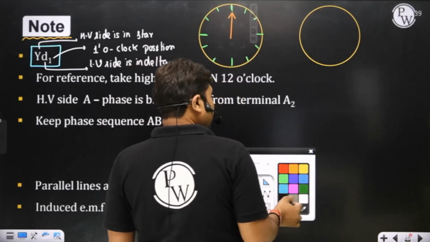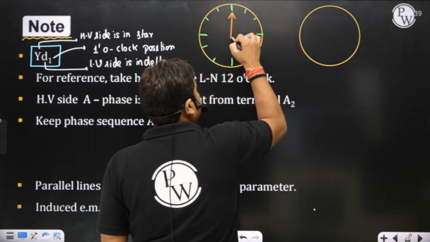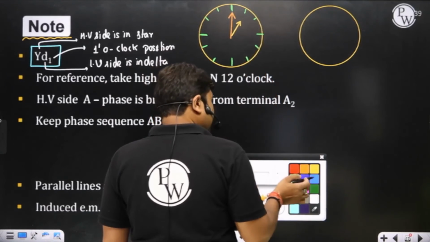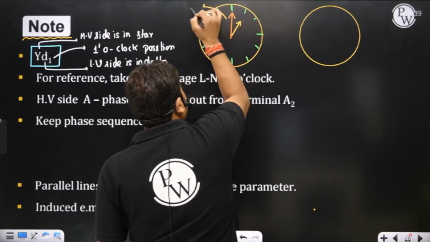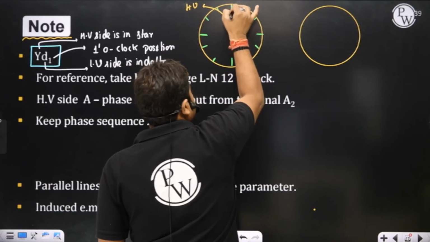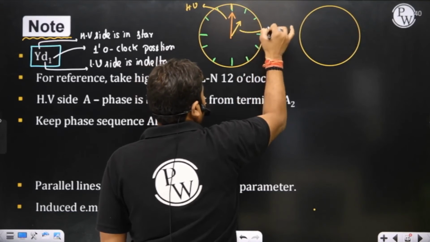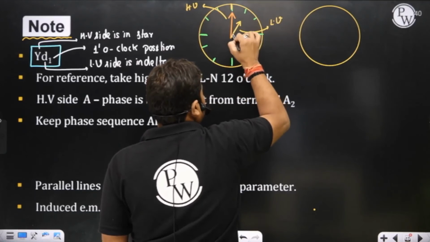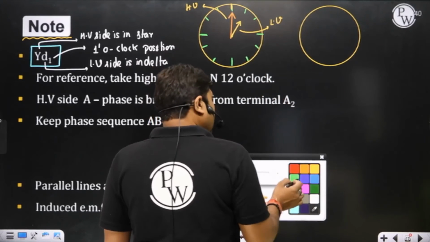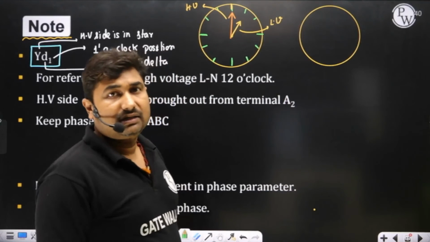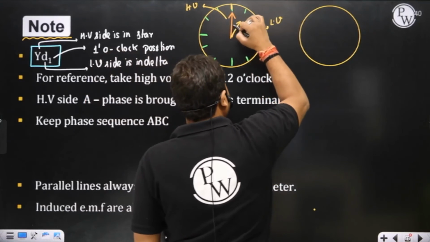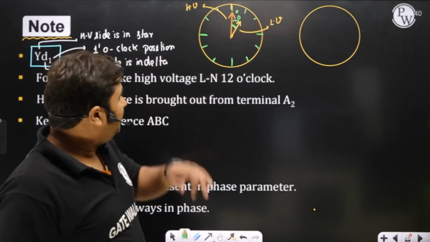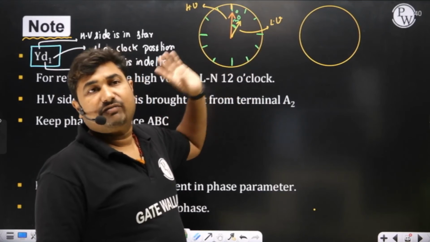So the minute hand is used to define high voltage, and that is always placed at the 12 o'clock position. The hour position defines the LV side. The angle between 1 o'clock and 12 o'clock is 30 degrees. So this indicates LV side voltage lags HV side voltage by 30 degrees.